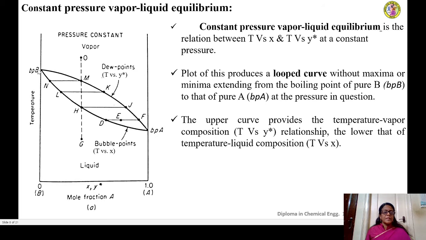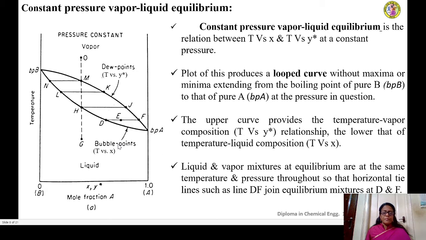Here BPB represents the boiling point of pure B, and BPA represents the boiling point of pure A. Look at the upper curve now. It is the plot of temperature versus y star. In the same way, the lower curve is the temperature versus x plot.